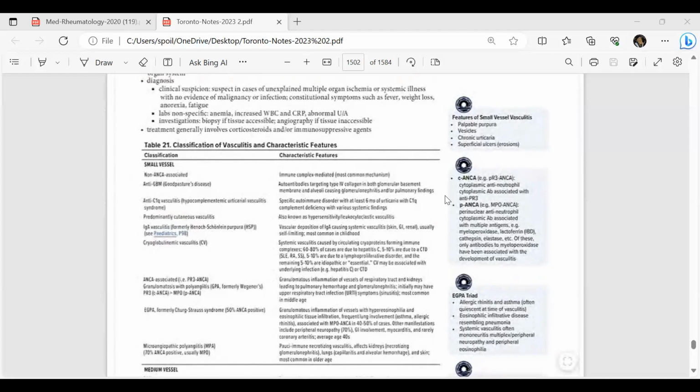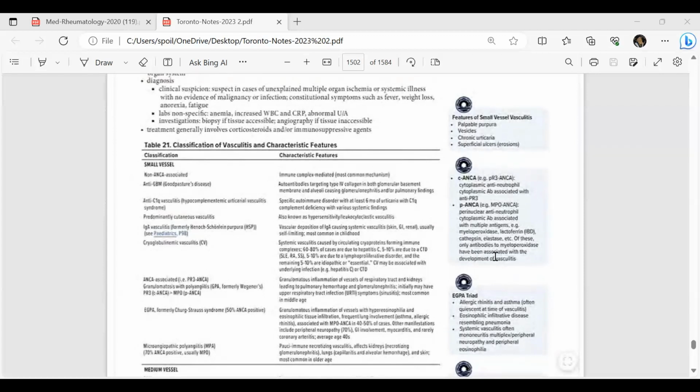I will just go to the sidebars. CANCA: cytoplasmic anti-neutrophil cytoplasmic antibodies associated with anti-PR3. PANCA: perinuclear anti-neutrophil cytoplasmic antibodies associated with multiple antigens, for example myeloperoxidase, lactoferrin, elastase.